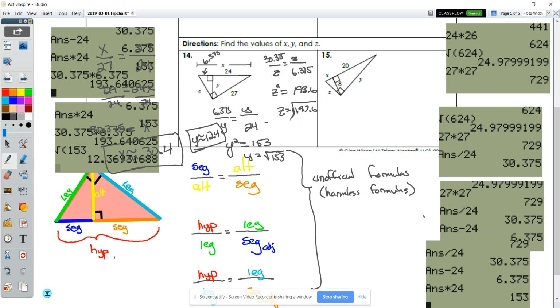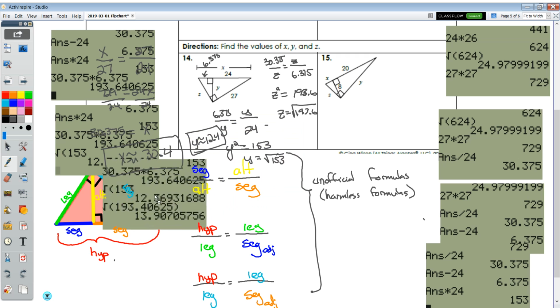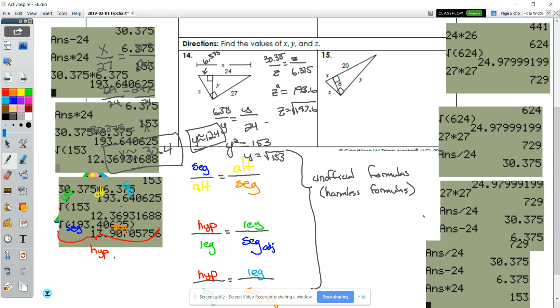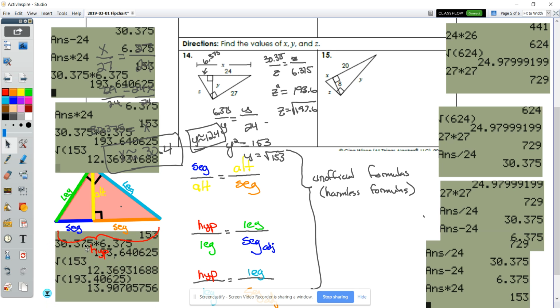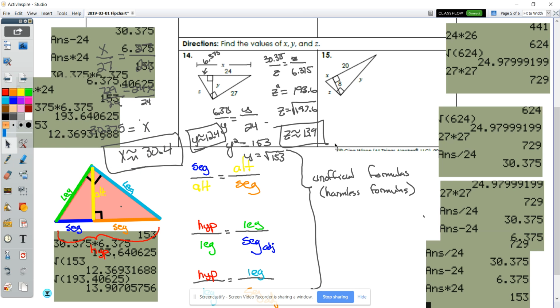And then z, square root of 193.6, is 13.9 approximately. So z is approximately 13.9. So if it says to round, those are the answers that you would end up getting. And we go from there. So x, y, and z.